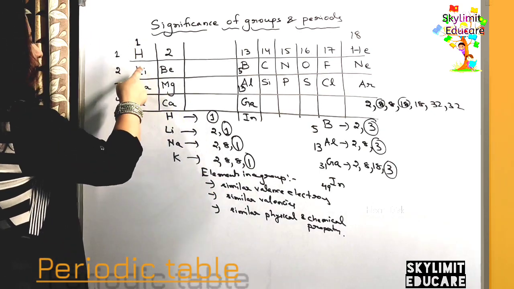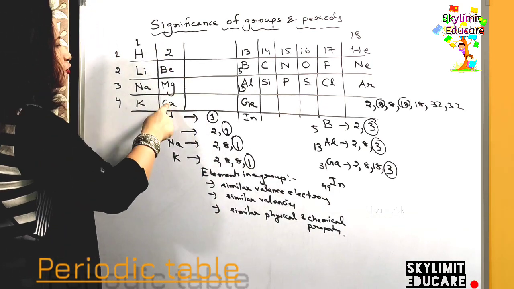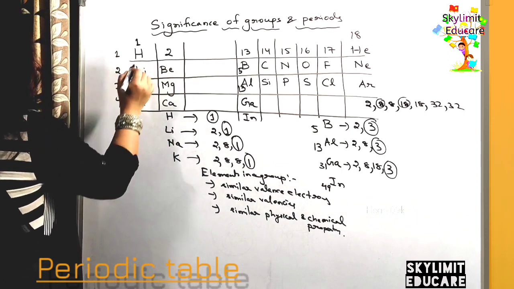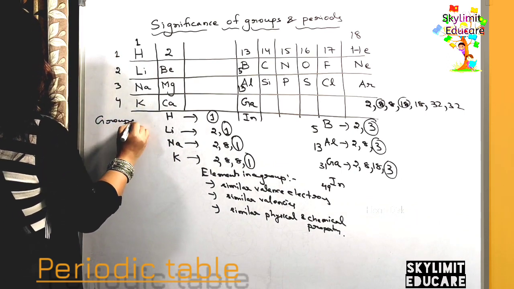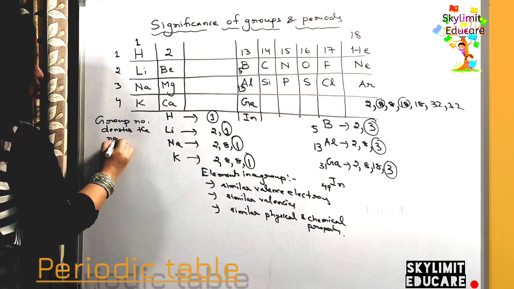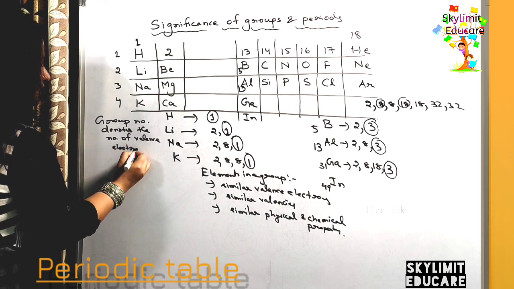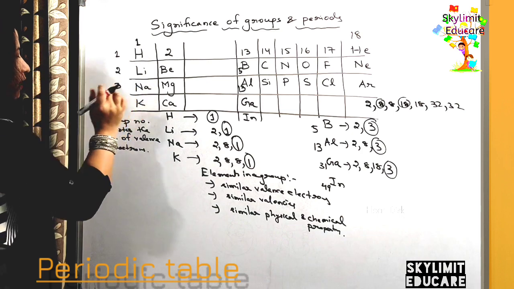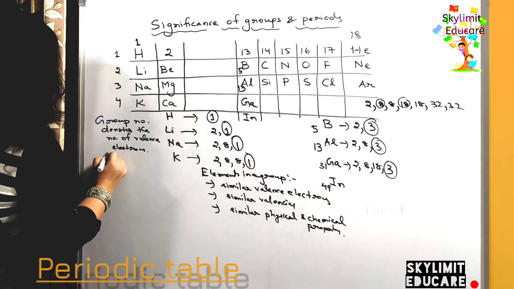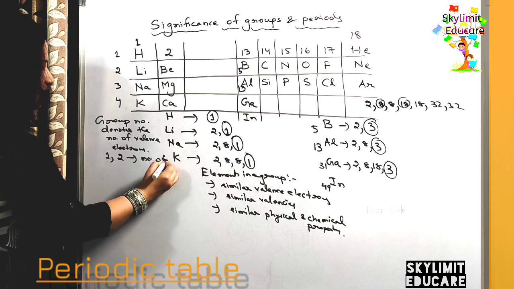Clear? For group 1 and 2, it is directly the number of valence electrons.